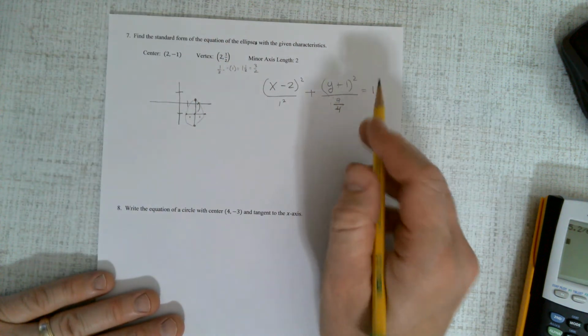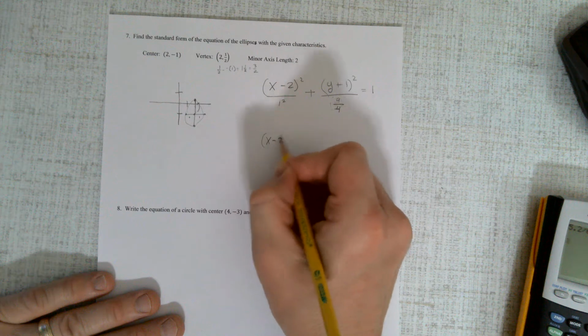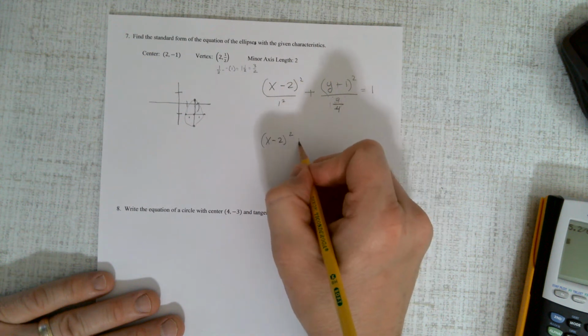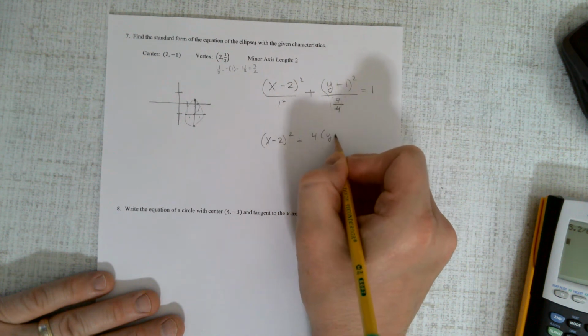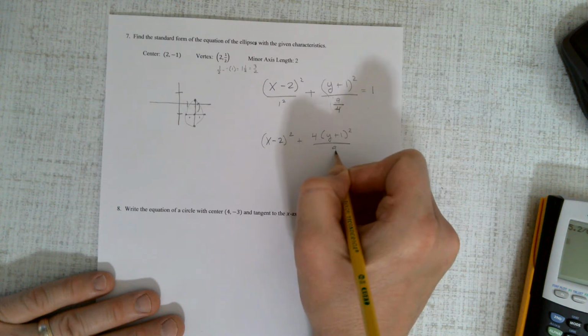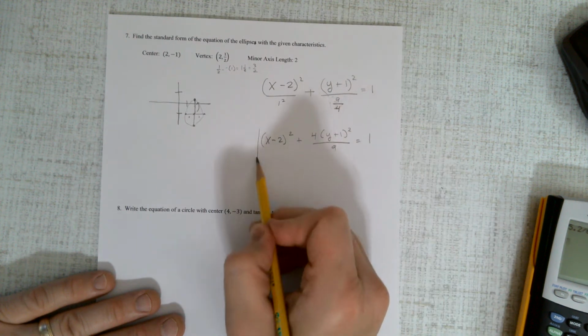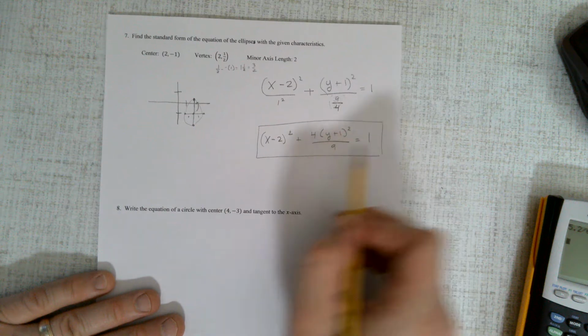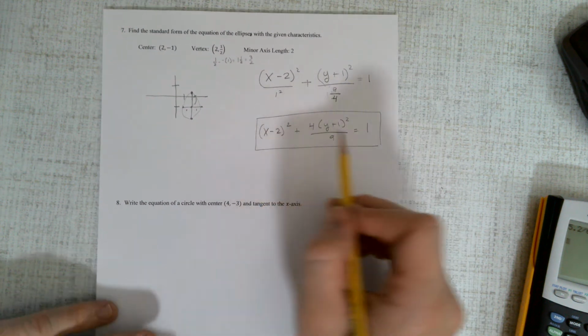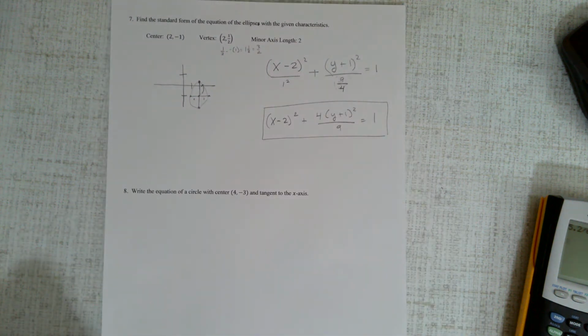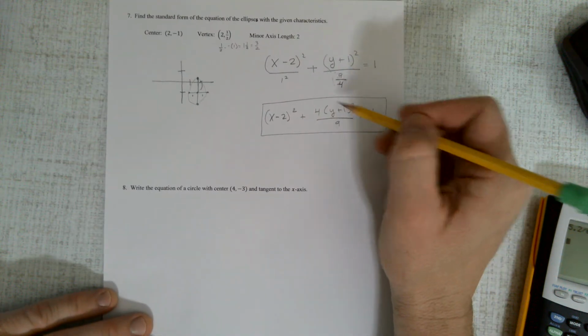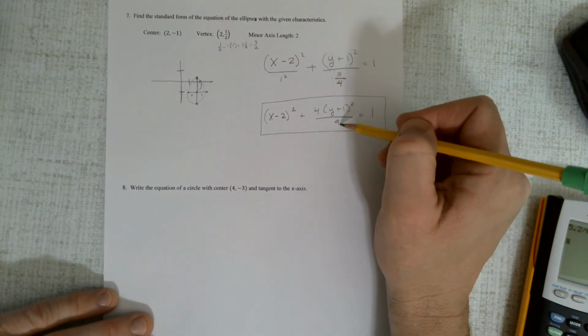Complex fraction, let's fix it by multiplying by 4. And this is the most simplified version that you can get of this ellipse. You can leave this as 1, don't write anything there, but make that 9/4, 4 over 9.